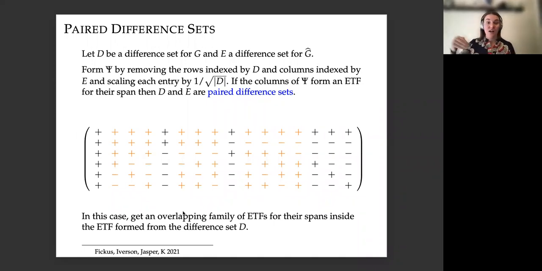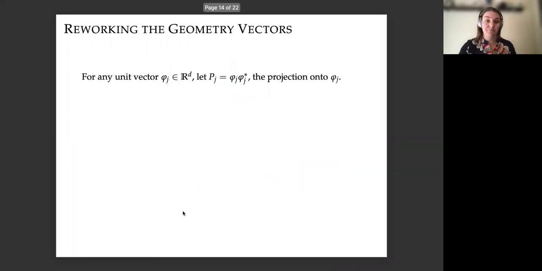And then the orange columns correspond to a different set for G. In fact, they correspond to the (16, 10, 2) different set, but in the isomorphic copy of that in the dual group. And whenever we get this, we actually don't just get one ETF for the span, but an entire family. And this family has certain nice geometric properties.